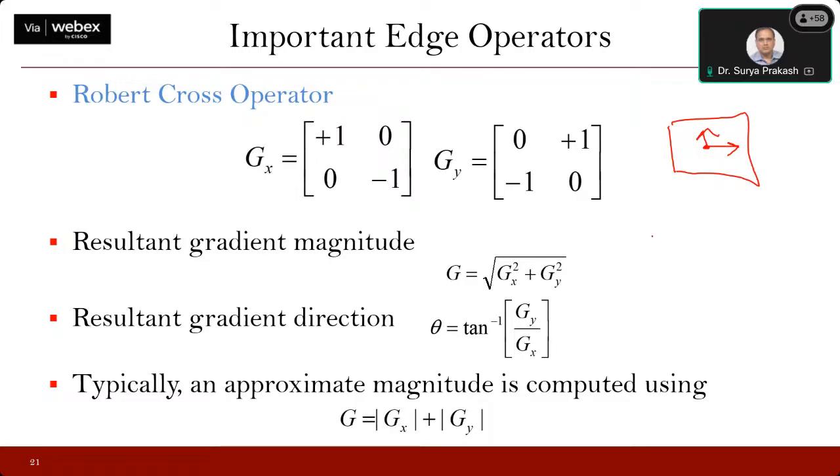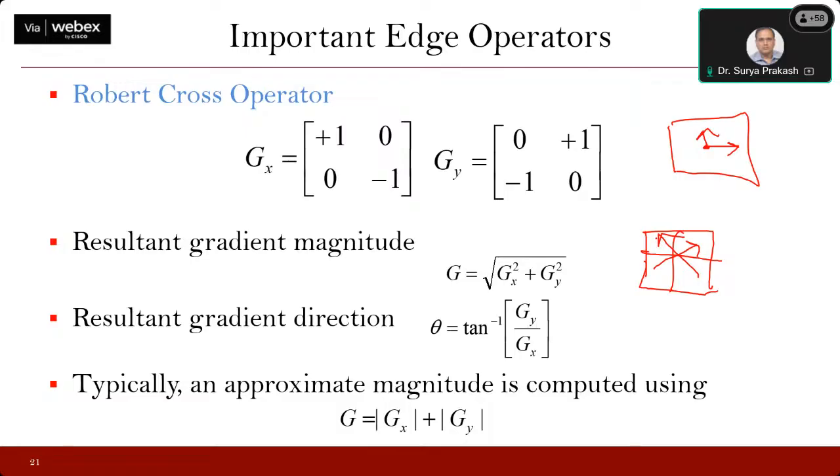Now, in place of computing horizontal and vertical gradients, this particular operator says to take the difference in the diagonal. See what the difference is in the diagonal values here. So the direction of the gradient is different: we are now computing the gradient in the diagonal direction, whereas earlier we were computing it along the x and y axes.